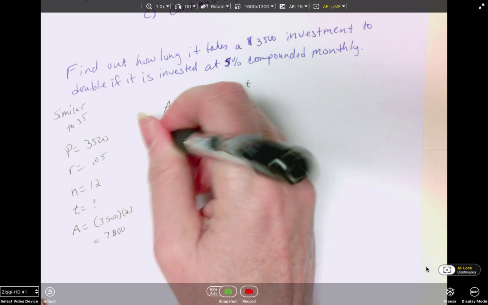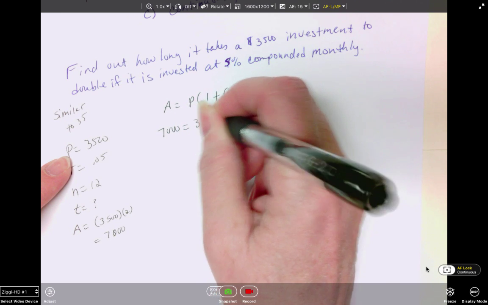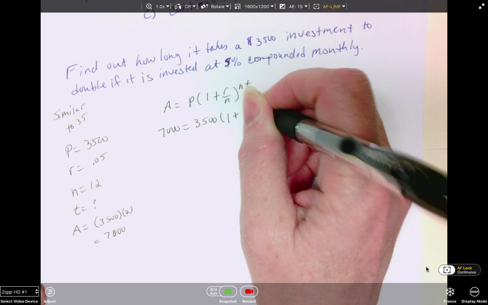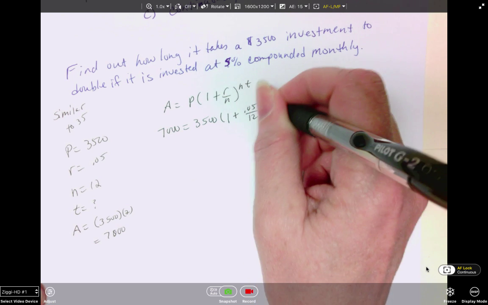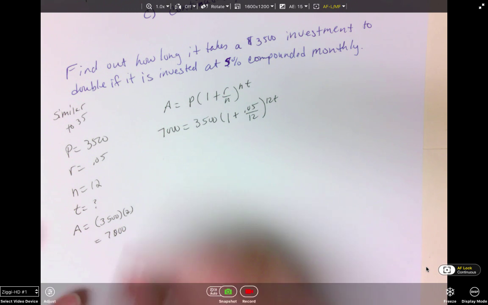our accumulated value is 7,000 equal to our principal of 3,500 times 1 plus our rate of 0.05 over 12 raised to the 12t. So to solve this, it's a little bit different than what we did before because we've got to solve this one in pieces. We can't just put it all in a calculator.